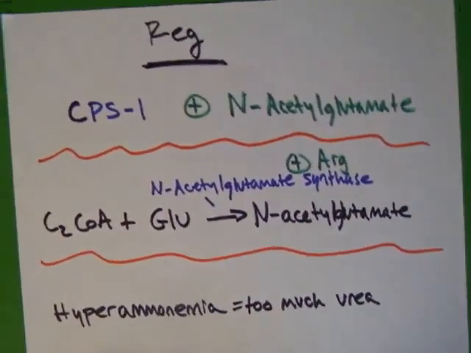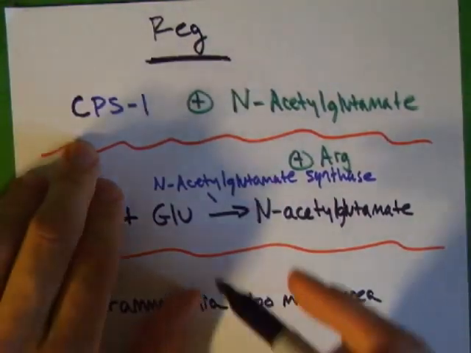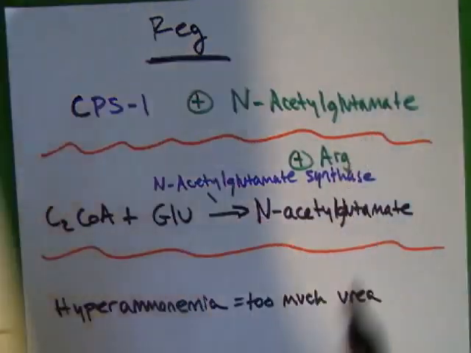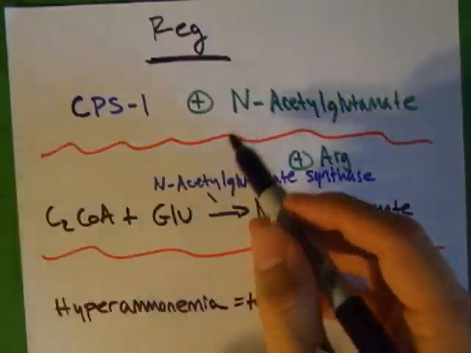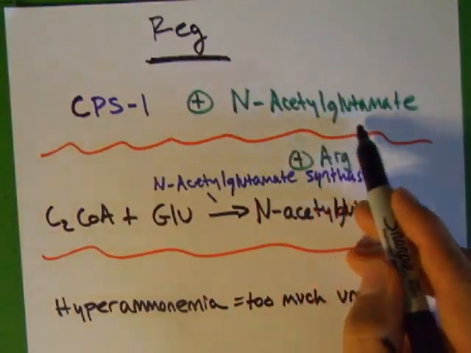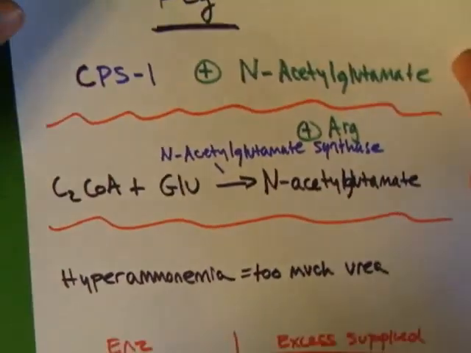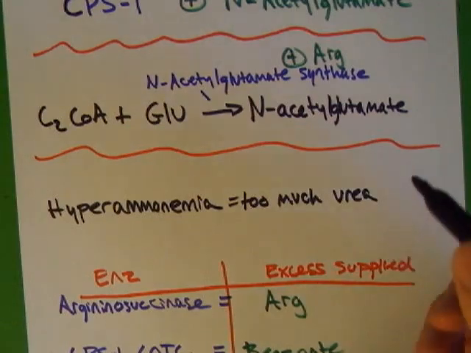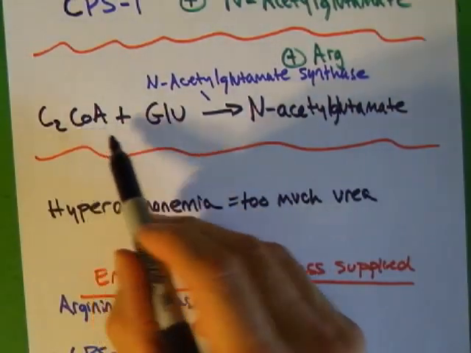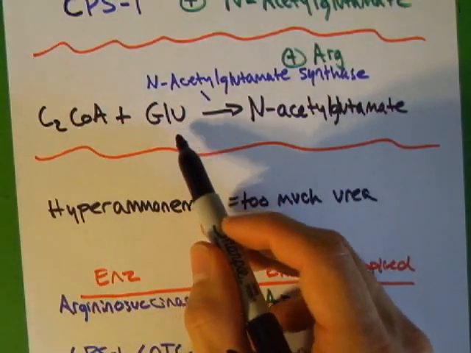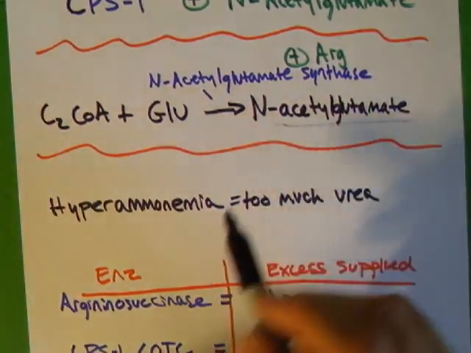Regulation is very simple. The key enzyme is that first one on the list here, CPS1, which is stimulated by N-acetylglutamate. We haven't talked about N-acetylglutamate. That's made from acetyl-CoA plus glutamate. That gives you N-acetylglutamate.